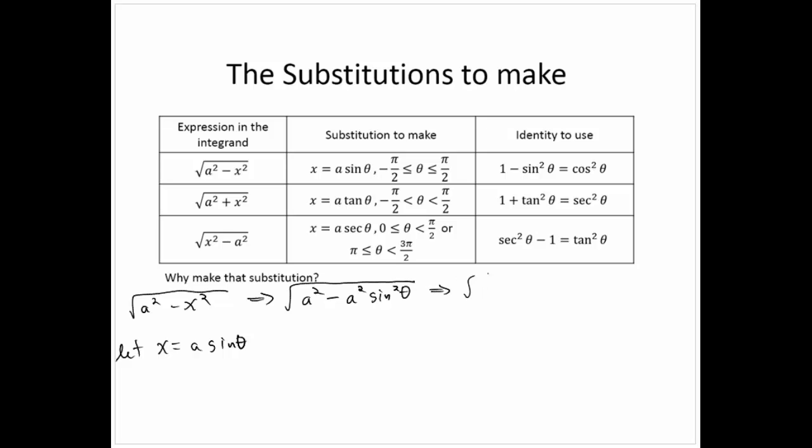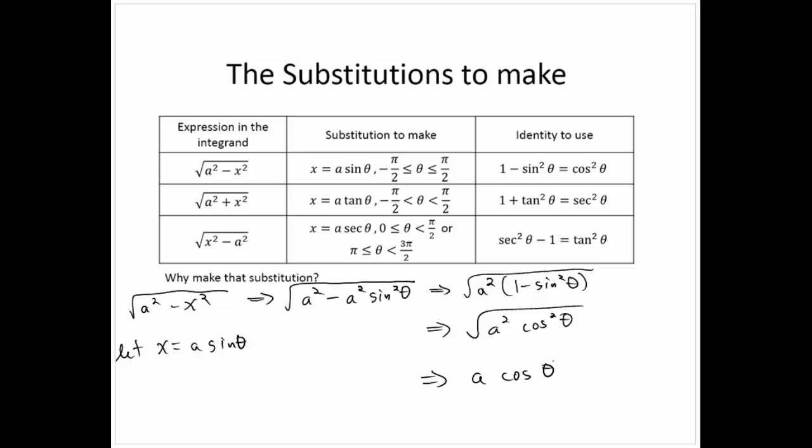I can use a little bit of factoring and write that as the square root of a squared times 1 minus sine squared theta. Now 1 minus sine squared theta is cosine squared theta. And now the square root of, well, notice that both of those are perfect square factors. This becomes a cosine theta.